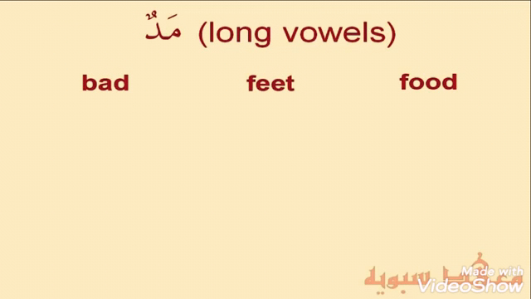Now if I transliterate this into Arabic, I get the following. So we have bad, feet, and food. In the first example, bad, it's the A sound that's being elongated. That's denoted by this fatha, which has the A sound, followed by the alif.